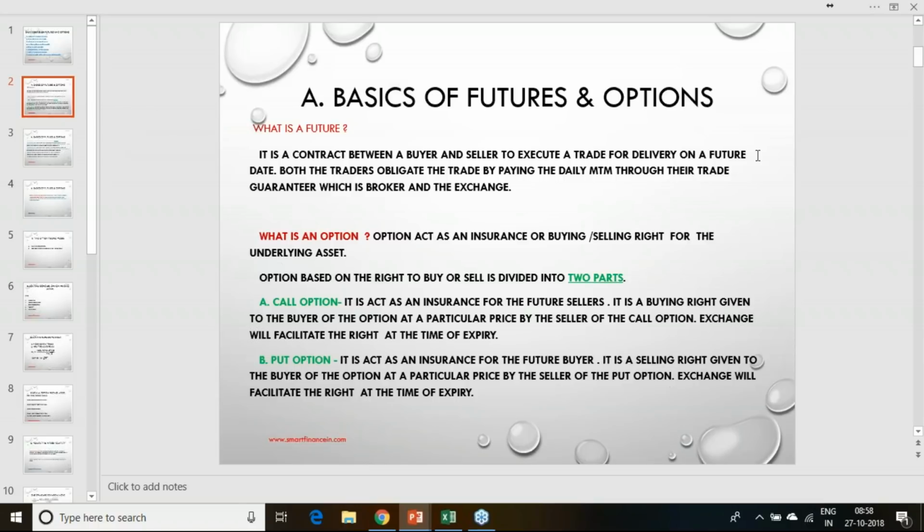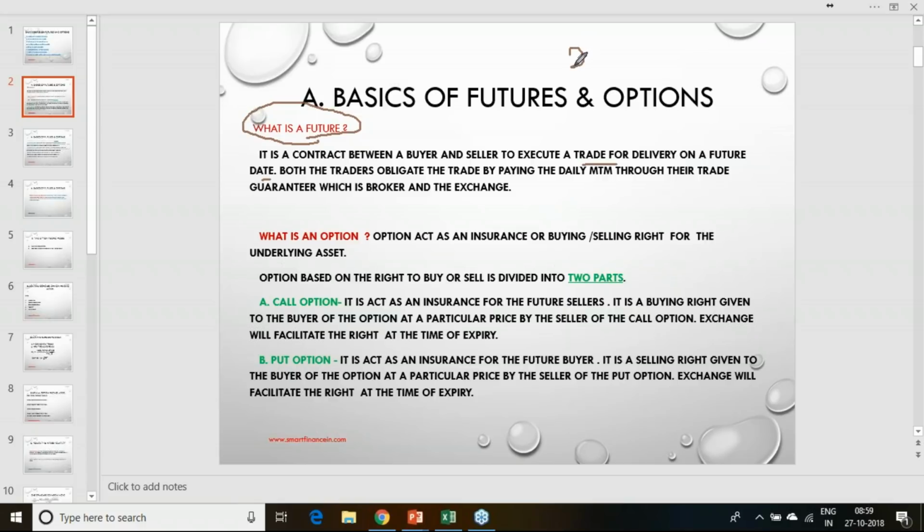Coming to a call option and put option, what is a call option and what is a put option? Most of you are using futures, trading stock futures and index futures. So what is that? A future is a contract between a buyer and seller to execute a trade for delivery on a future date.